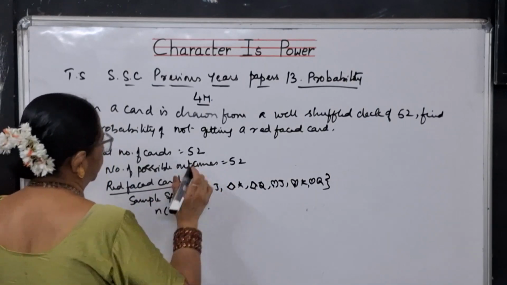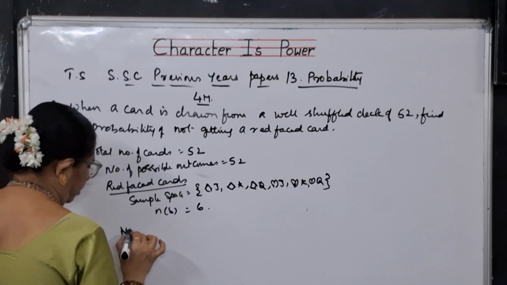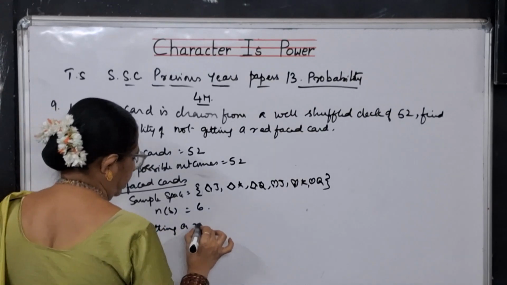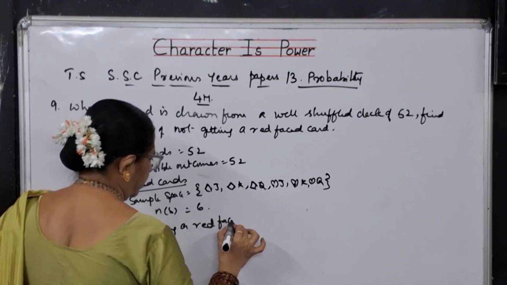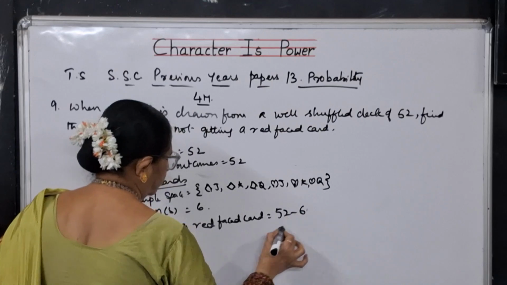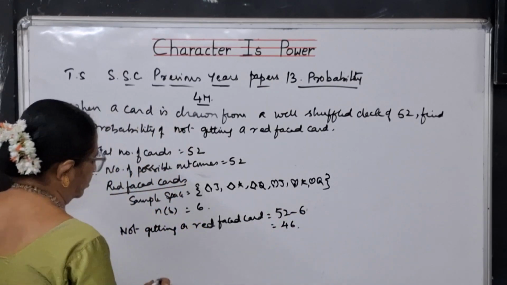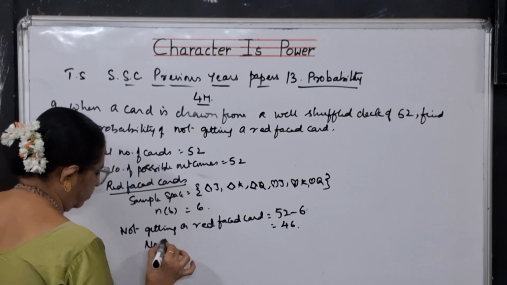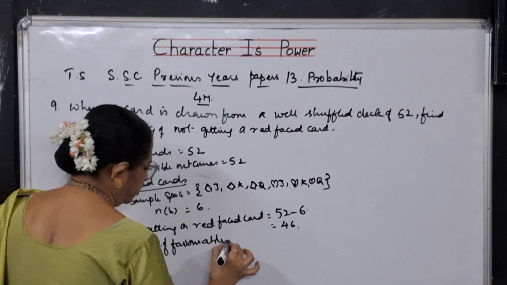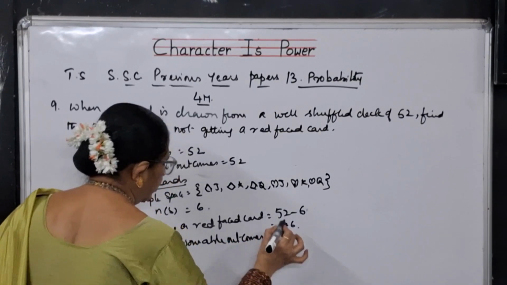So the question is, not getting a red face card. From 52, you have to subtract 6. So you are getting 46. Now, the number of favorable outcomes, how many are there? 46.